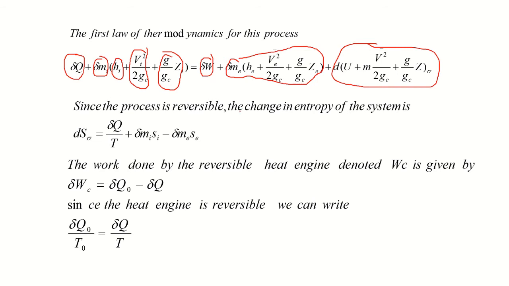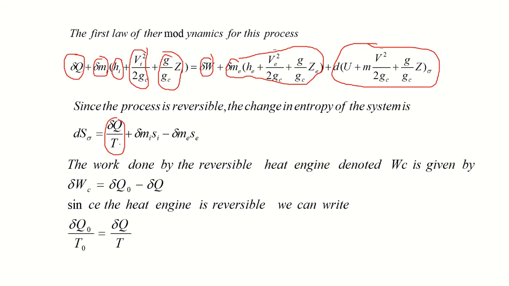Since the process is reversible, the change in entropy of the system is, look here, delta Q by T. You have added heat, correct? You have added heat. So the entropy of the system should increase.